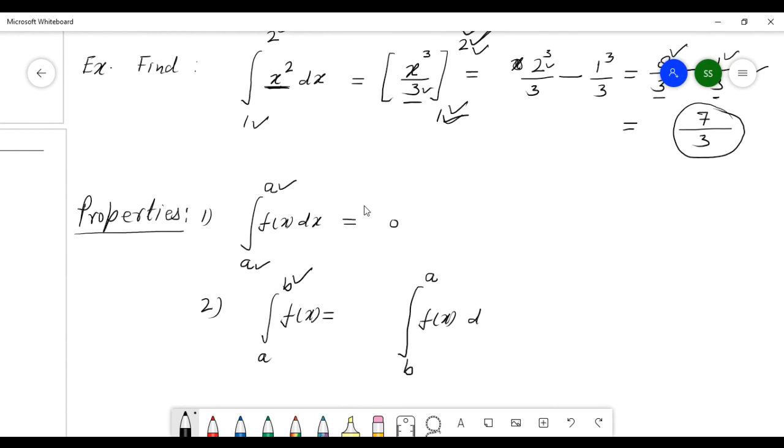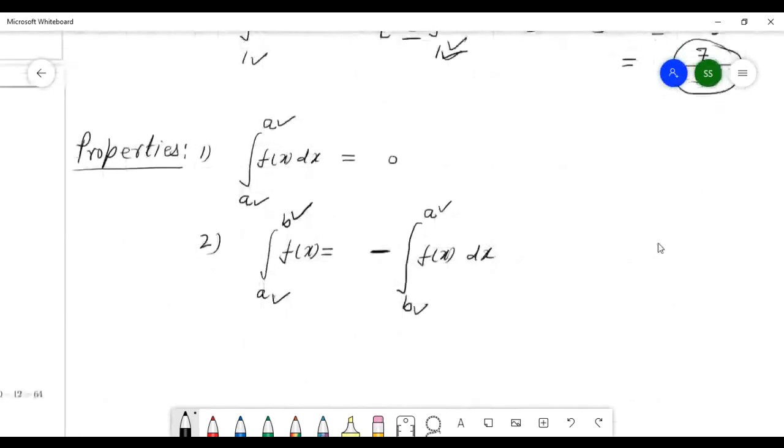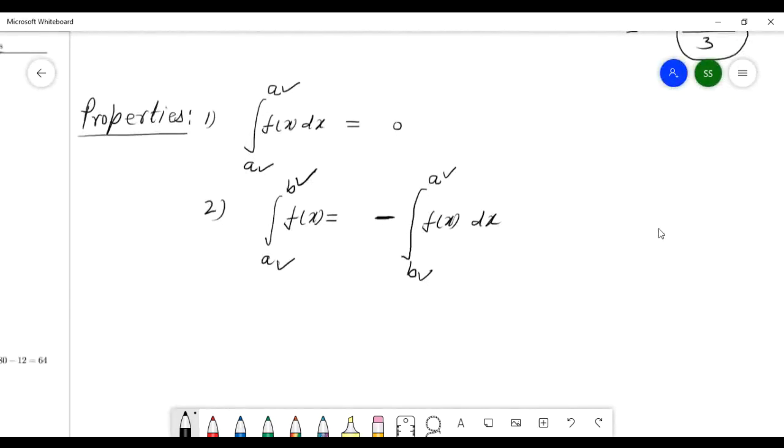It becomes minus. If this is A to B, and you swap them, B at the bottom and A at the top, then it will change to minus the integral of f(x). This is the property.